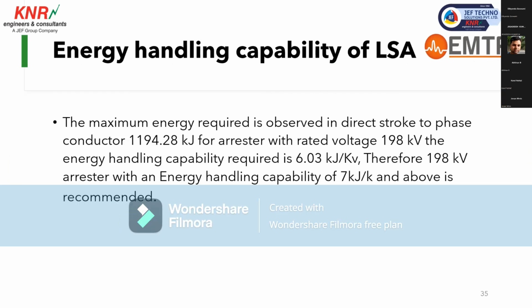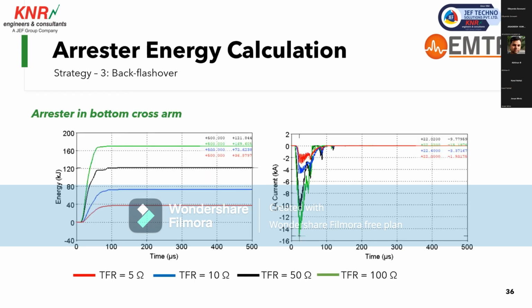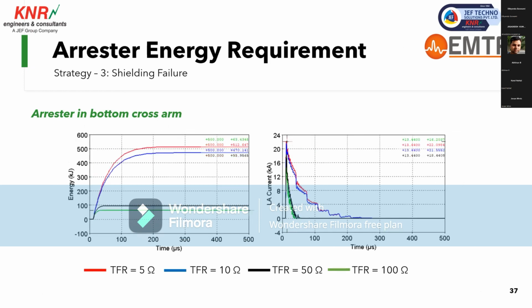What we observed is that the maximum energy was 1194.28 kilojoules, and with a rated voltage of 198 kV, the energy handling requirement is 6.03 kilojoules per kV. Therefore, 198 kV arrestors with an energy capability of 7 kilojoules per kV are recommended. These are the energy waveforms for various values of tower footing resistance.